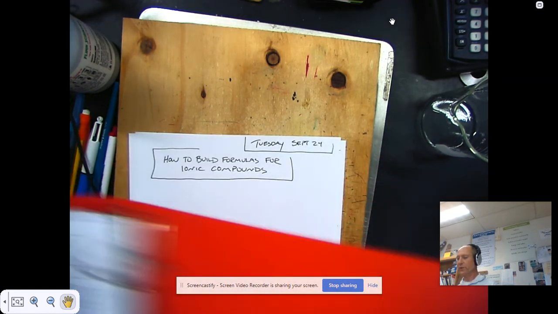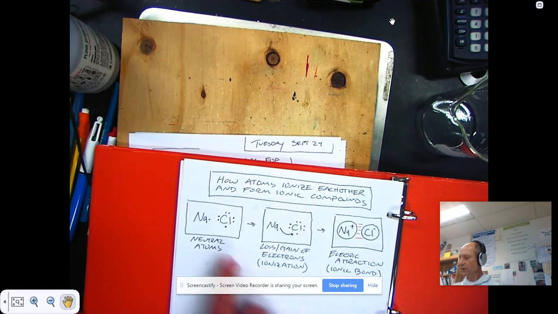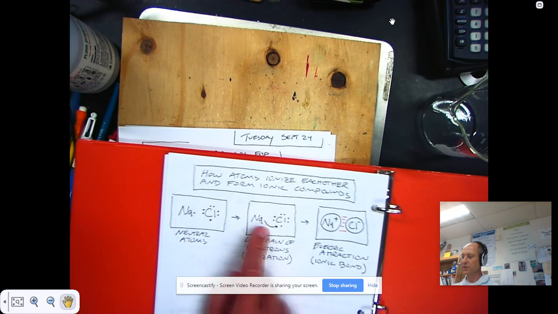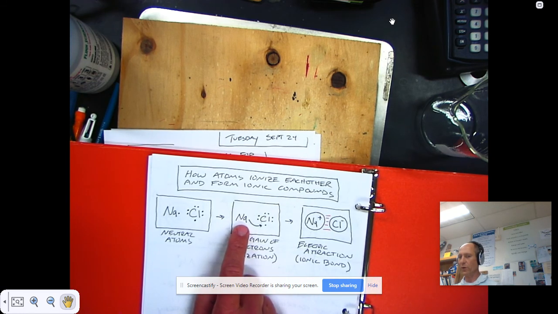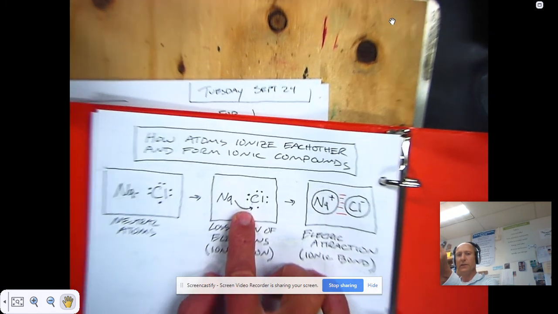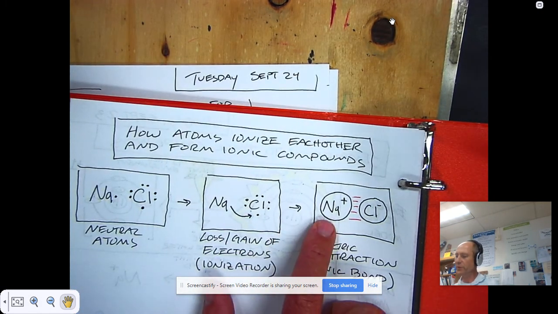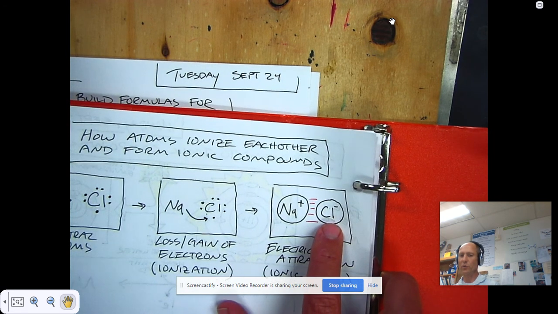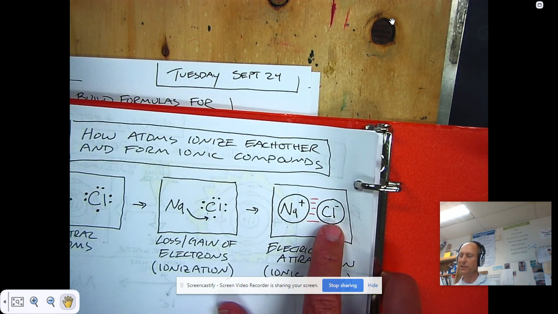So here we saw that happening with sodium with its 1 valence electron and chlorine with its 7 valence electrons. Sodium can give that 1 valence electron to chlorine, and then the sodium becomes a +1 ion, and the chlorine becomes chloride, which is a 1- ion.